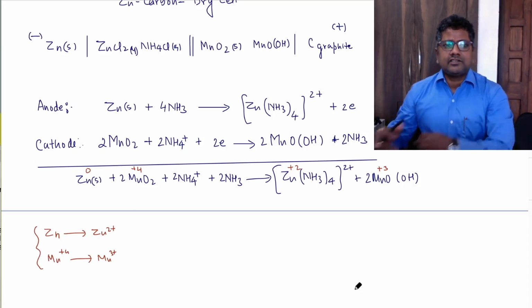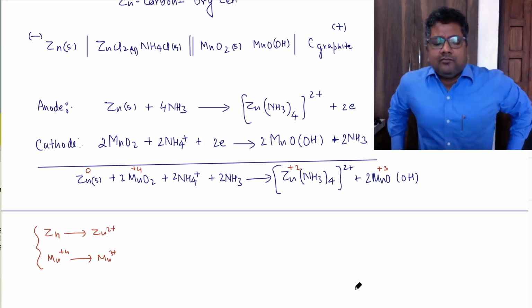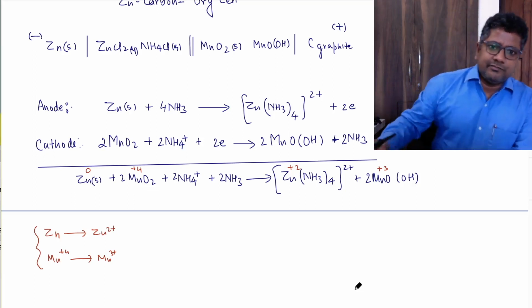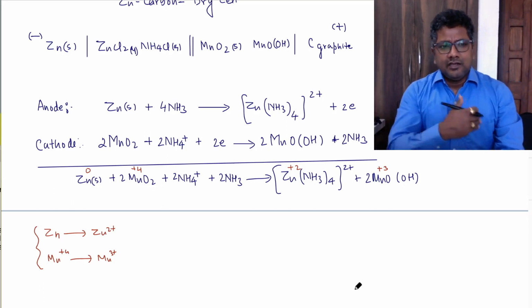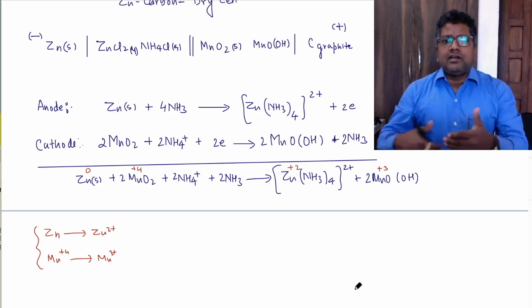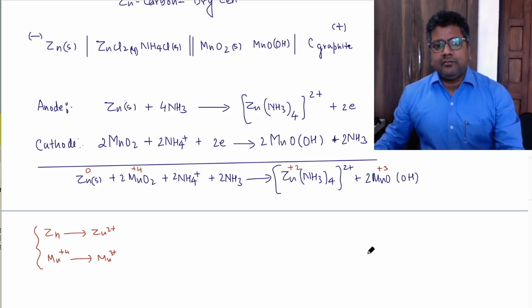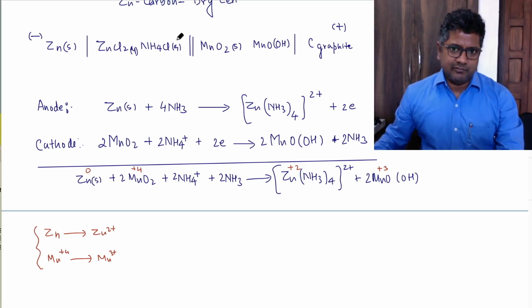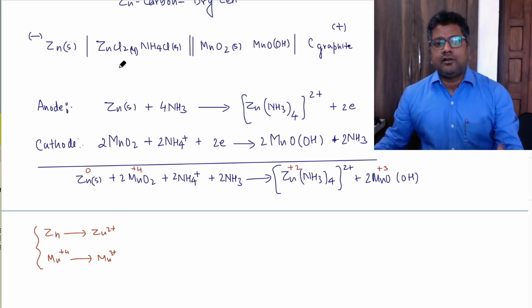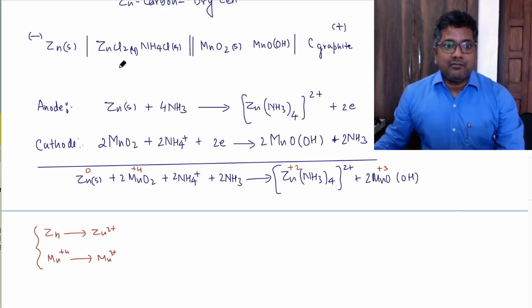Now see, there are so many modifications taking place from time to time in this basic dry cell. We are trying to improve the shelf life and voltage. One major success we got is when we make the electrolytic medium alkaline. Nowadays all of you have heard about the alkaline battery.